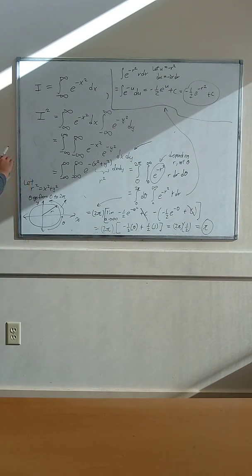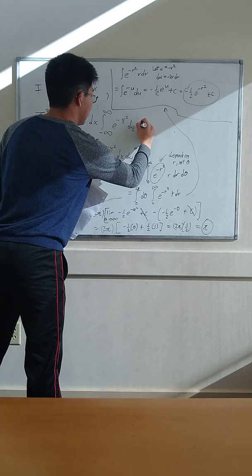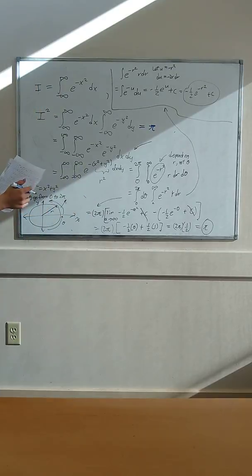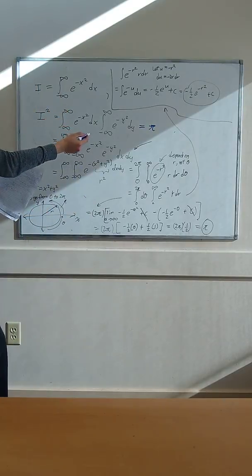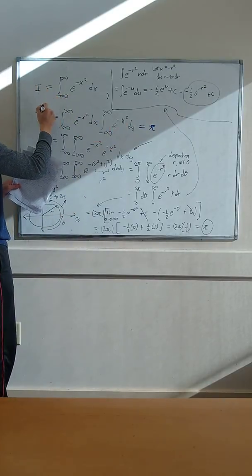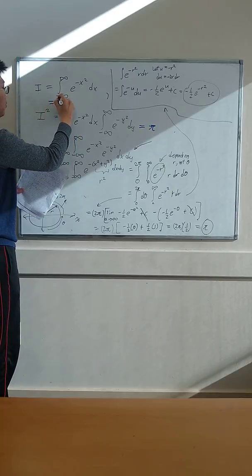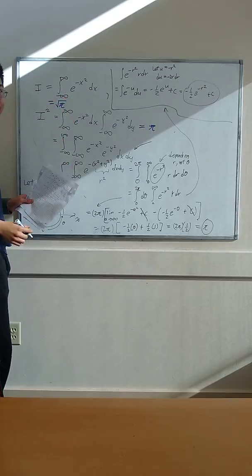So now, after all this work, we know that the integral of this is equal to pi. So that means if I squared is equal to pi, I is equal to the square root of pi.